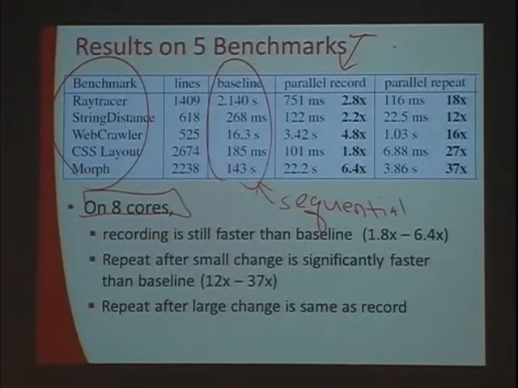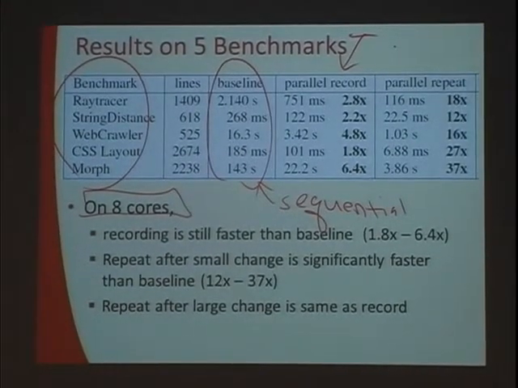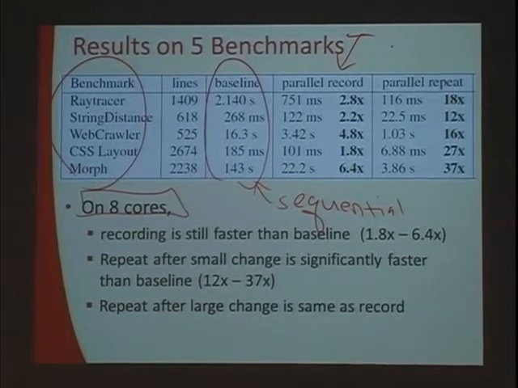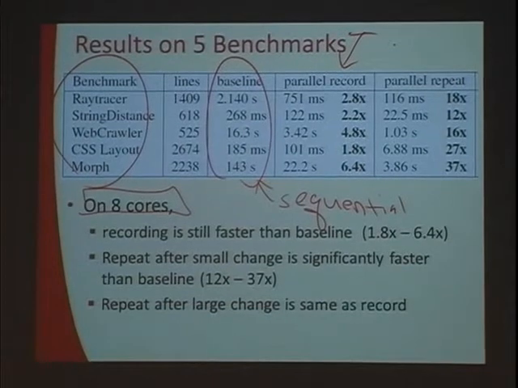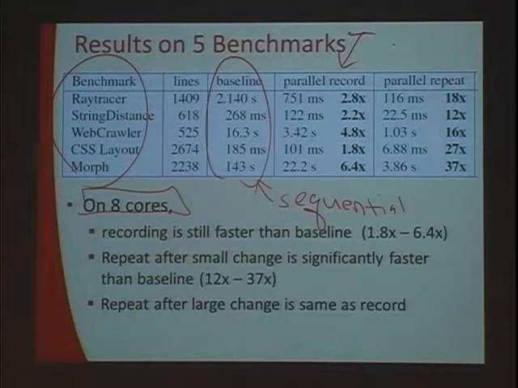What I don't have for you here are the numbers for the parallelism, but essentially recording is faster than the sequential baseline. So we're taking advantage of parallelism, but we're not getting the full speedup. What's really remarkable is what happens when we make a modification and do the repeat. As you saw with morph, we can get tremendous speedups by leveraging the work we did in memoizing on an incremental update.